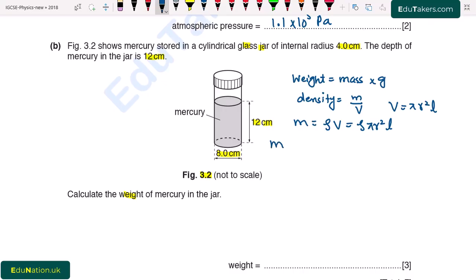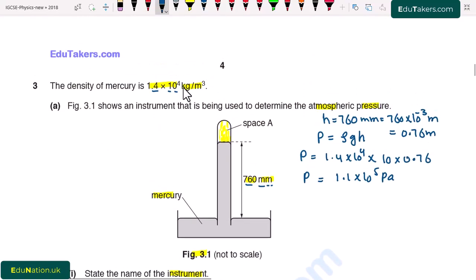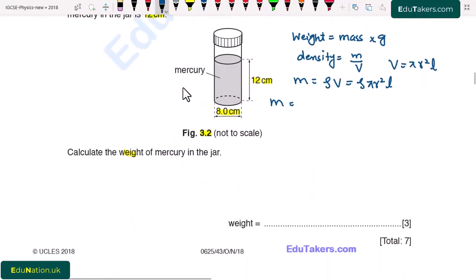So the mass will be equal to, density is given, that is 1.4 into 10 to the power 4, multiply by pi, which is 3.14, and radius.